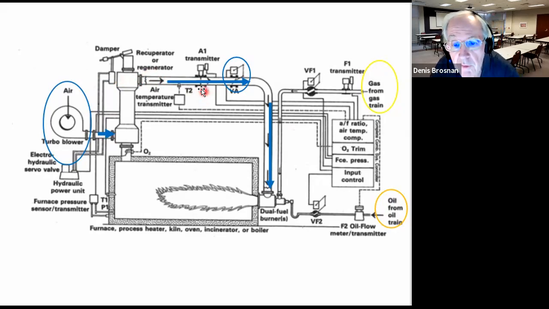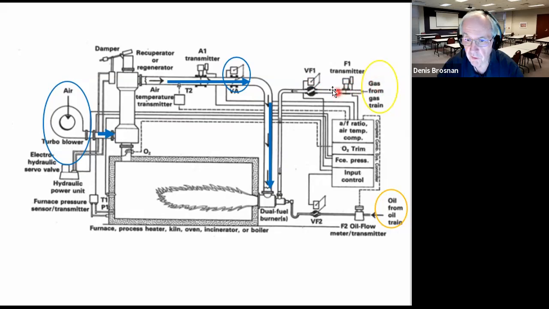In this particular case, there's a valve in the system right here that's controlling the airflow. Now, in this case, it's linked to the fuel flow electronically through a computer. So there's not a pressure impulse going from the air system over to the gas system. It's linked with a computer. That's another way to do this.